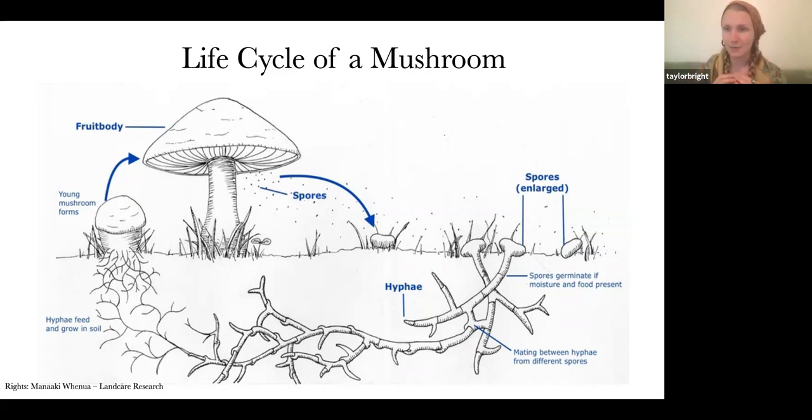And once these hyphal threads meet each other, when hyphae are compatible, it's really interesting. In fungi, we don't have male and female. There's literally no such thing as a male or a female mushroom. It's all about genetic compatibility. It's said that there are some mushrooms that actually have over 28,000 different mating types.